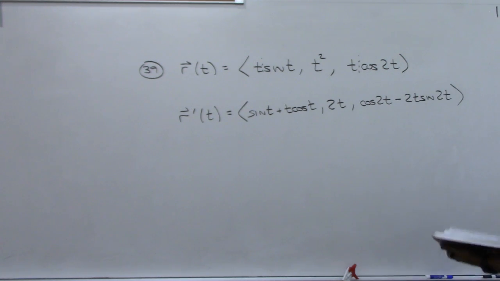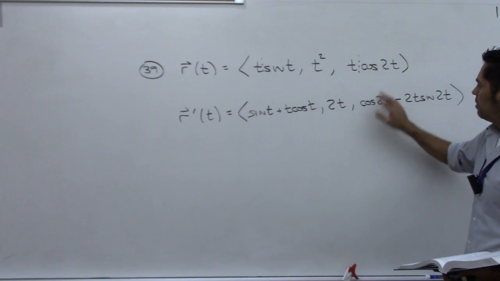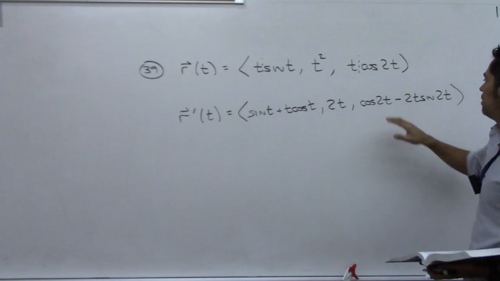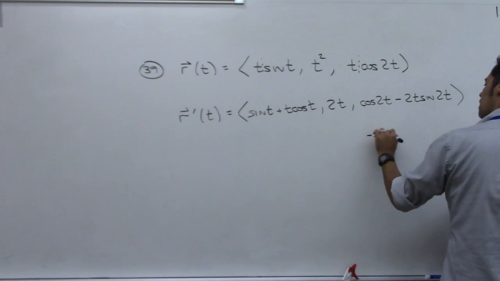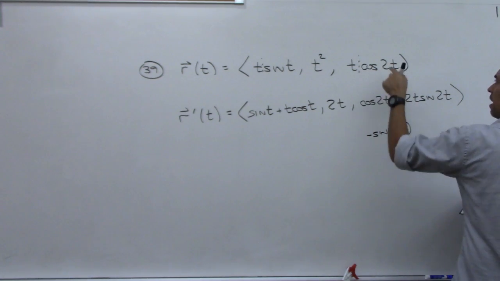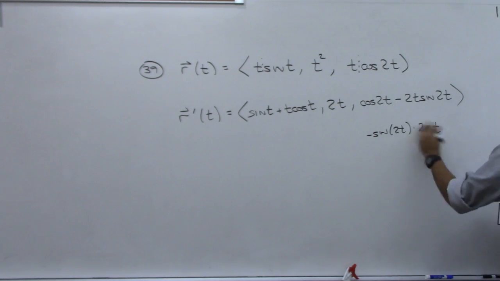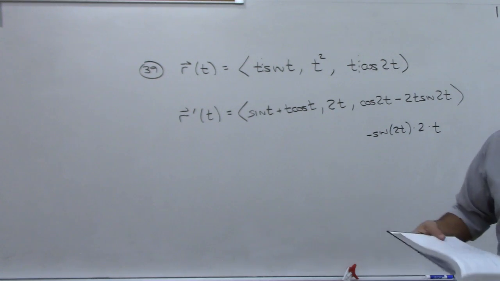So I'm not going to go through the work, but, well, I'll just show it to you. Derivative of this one is 1 times this here, plus the derivative of cosine of something is negative sine. So you get negative sine 2t, but then times the derivative of what's inside, which is 2, then times the first function, which is t, and then when you put these together, you get this. So there's your derivative.